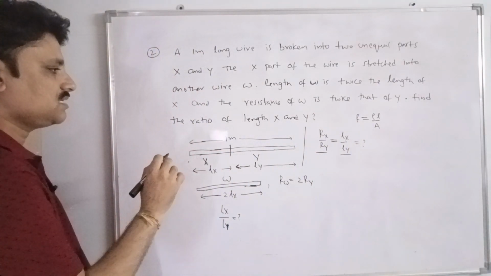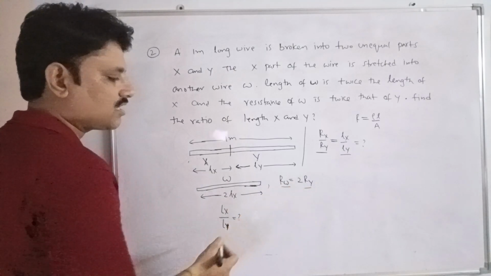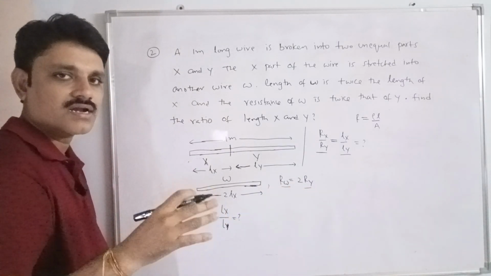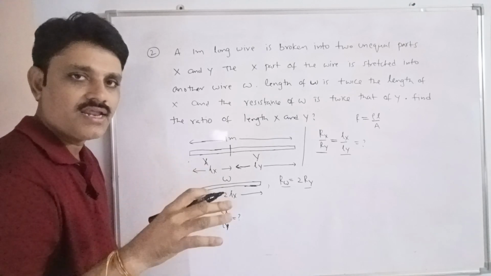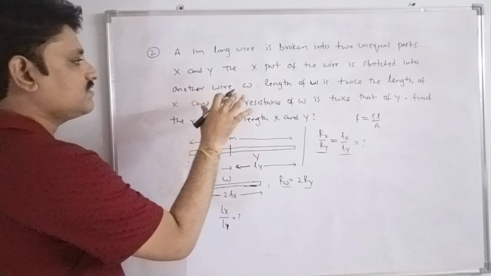We know the relation between Rw and Ry, but we don't know the relation between Rw and Rx. So we need to calculate the relation between Rw and Rx. And one relation is given here.